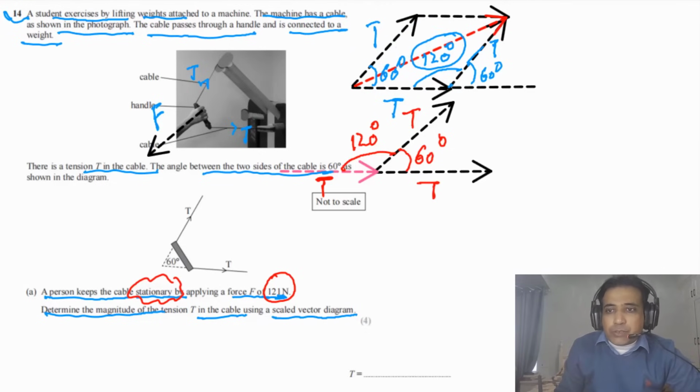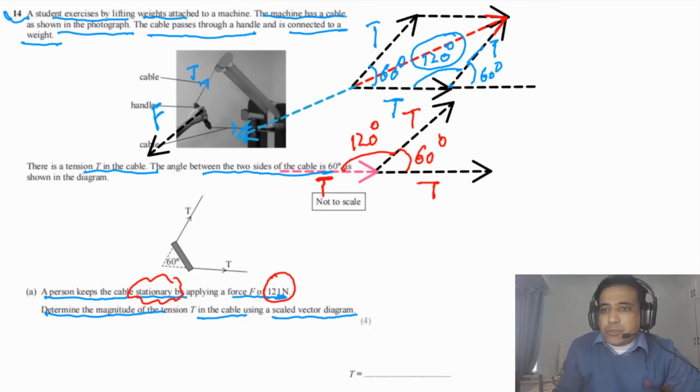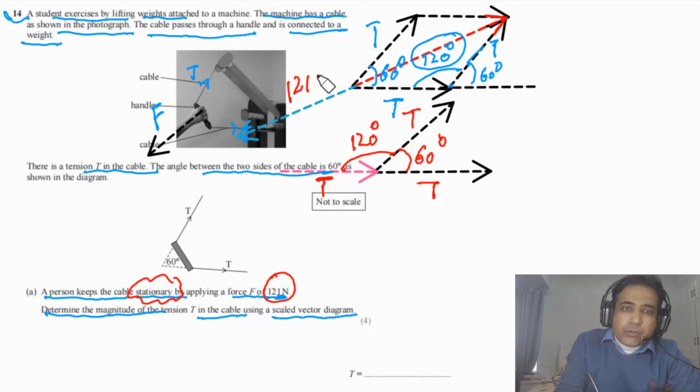So the force has to be in the opposite direction to balance this, along this direction. And this force is 121 newtons. So the resultant of these two vectors is also 121 newtons.